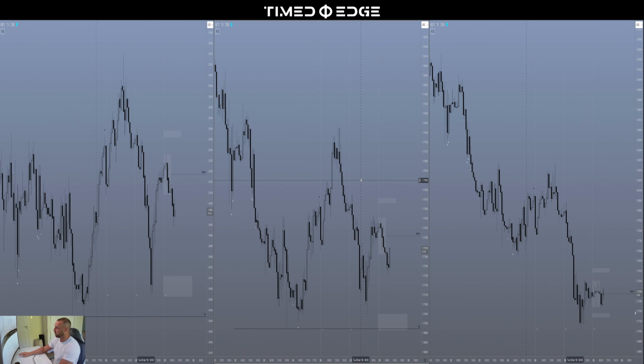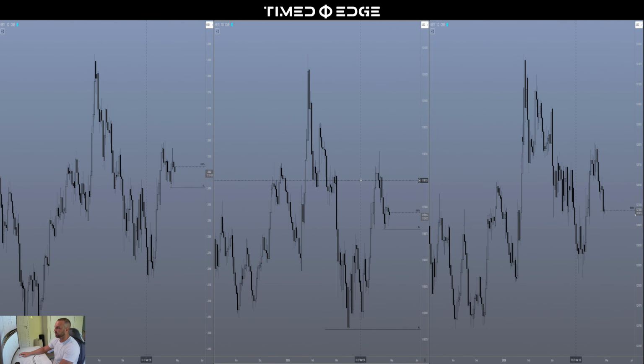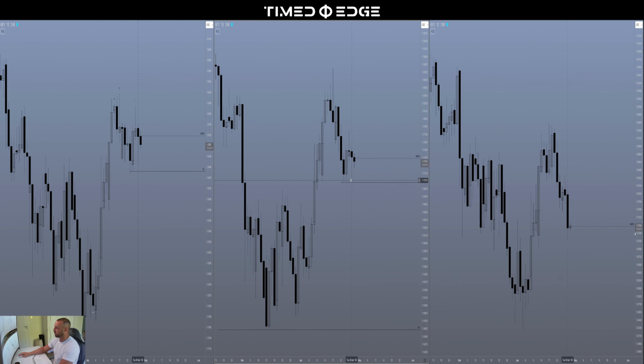Higher time frame on the currency triad, I still think we're going to draw into these lows. We have taken up a lot of liquidity, so maybe we need to go and take some more buy side to fuel the move down.